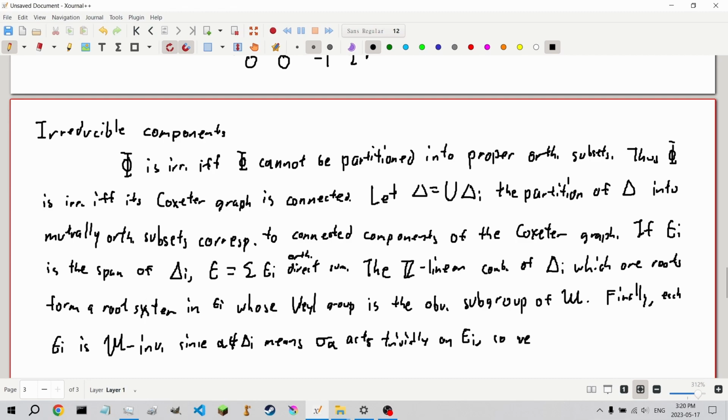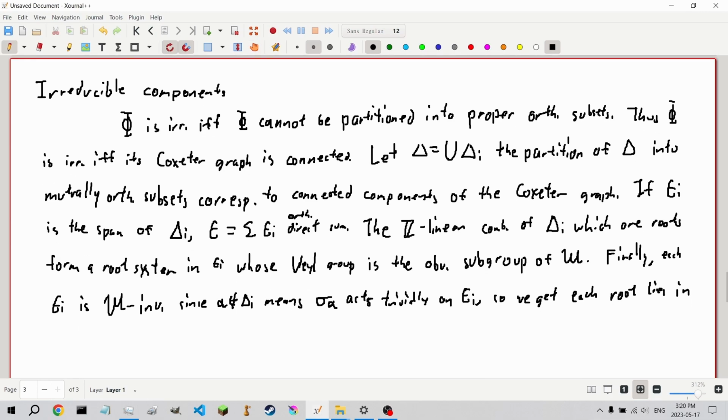So we can get, by homework exercise I don't bother doing, that each root lies in an E i. So phi is the union of the phi i's.